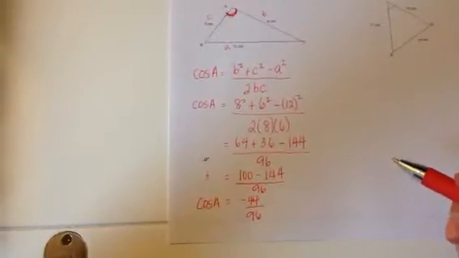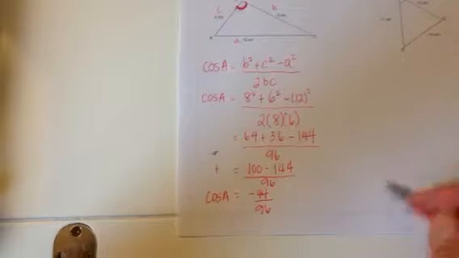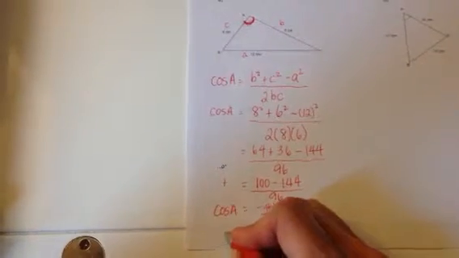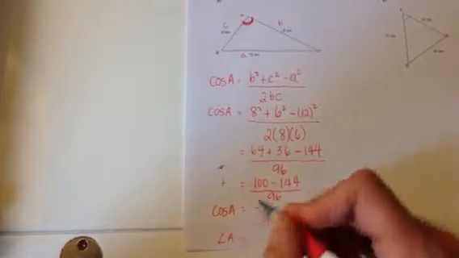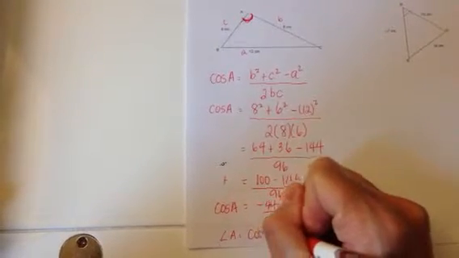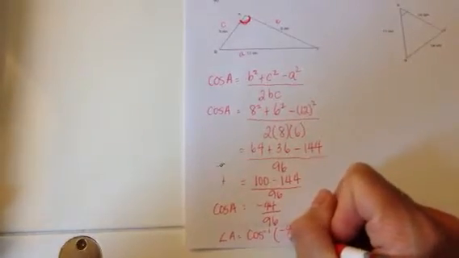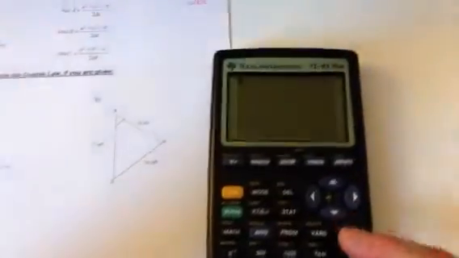Now remember that whenever you want to find an angle, you need to use the inverse function. So to find angle A, you bring your cos over, use the inverse function of negative 44 over 96. So let's plug that into our calculator.